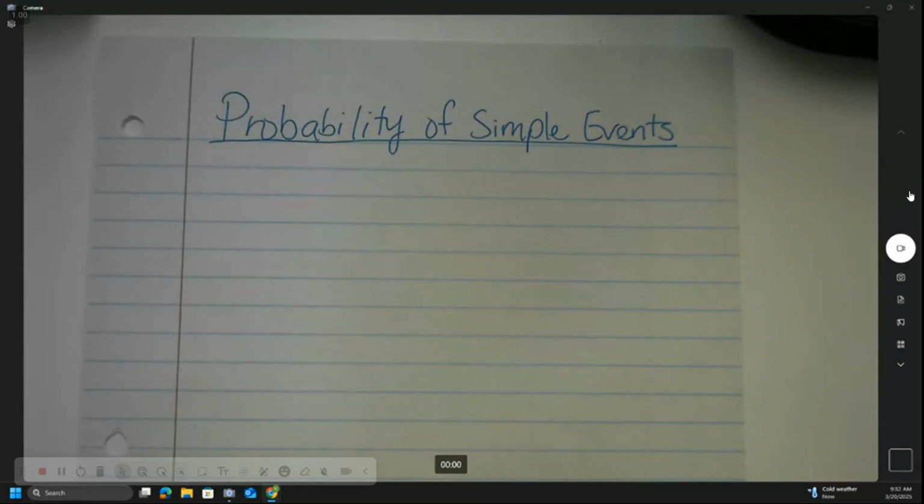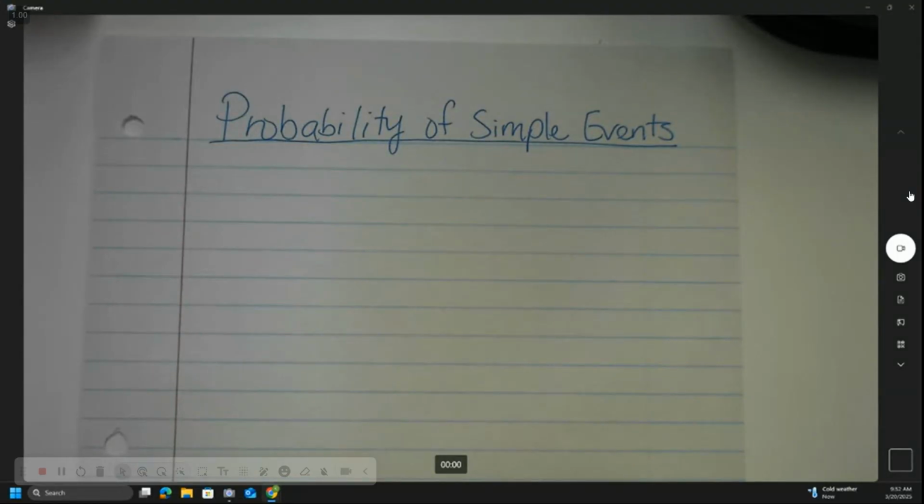Let's say that you have a multiple choice question that you are really struggling with on a test. You either have to choose A, B, C, or D, okay? Well, you have a 25% chance that you're going to get the correct answer if you flat out don't know it. You're guessing.